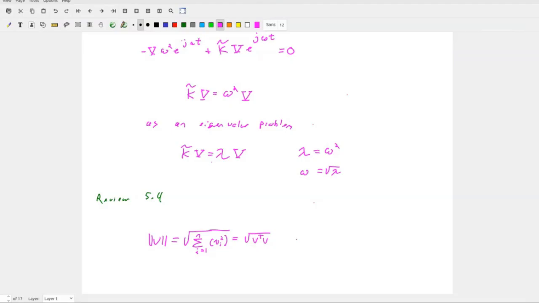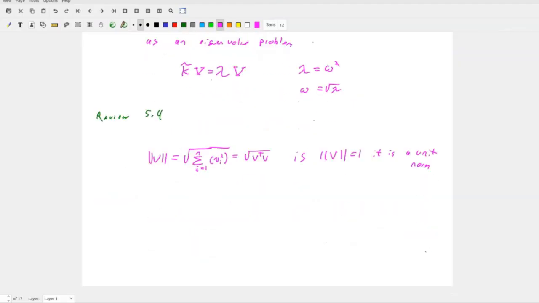So if this 2 norm of v equals 1, it is a unit norm. If not, it can be converted to 1, right? So basically, to convert it to a unit norm, we just need to find alpha such that the norm of alpha v equals 1.